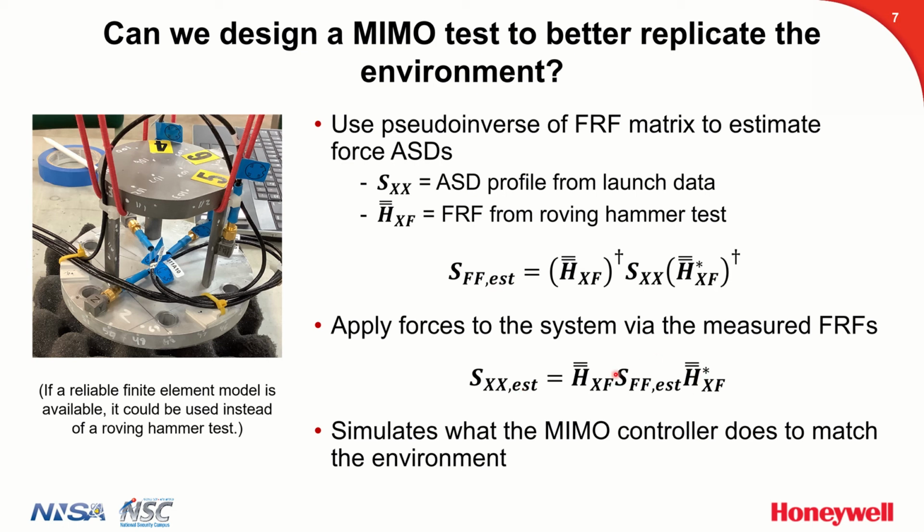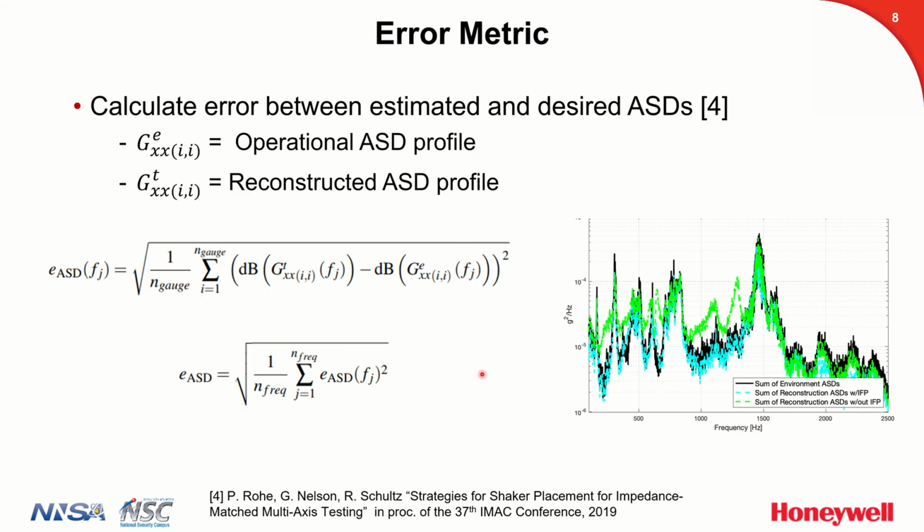Then we can go and reconstruct what would happen if we apply those forces. And in this case, we can reconstruct the response at every point and see if we control to these 6 points, how do we do with the rest of the points, and so on. So we use this simulation heavily to try to design our tests.